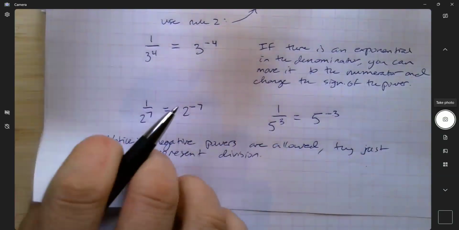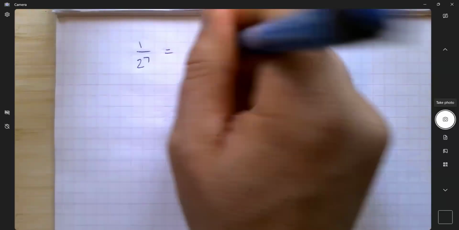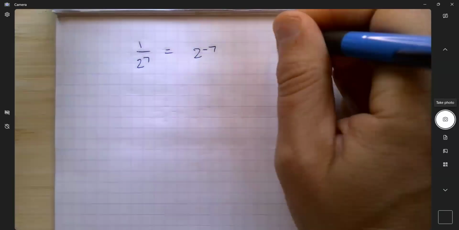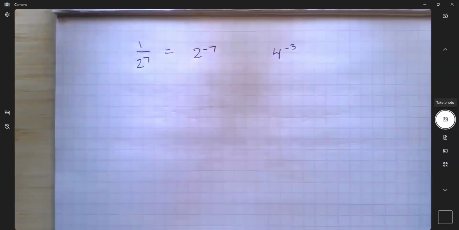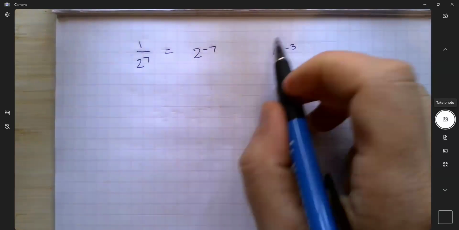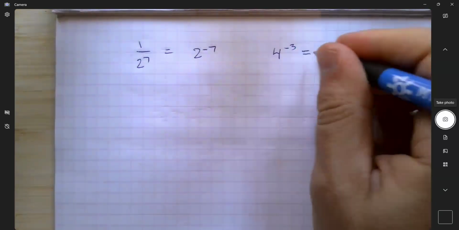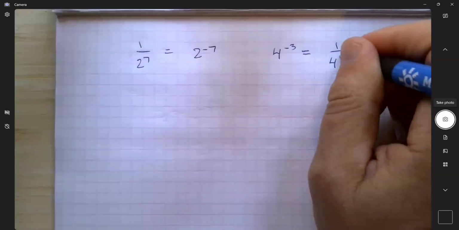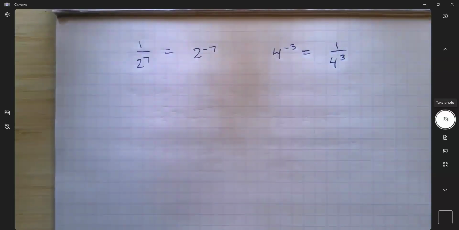So let's explore that a little bit more. Let's look at the 1 over 2 to the 7, which is 2 to the minus 7. Now let's look at 4 to the minus 3. Well, this is in the numerator, and so I can move it to the denominator and make the power positive.